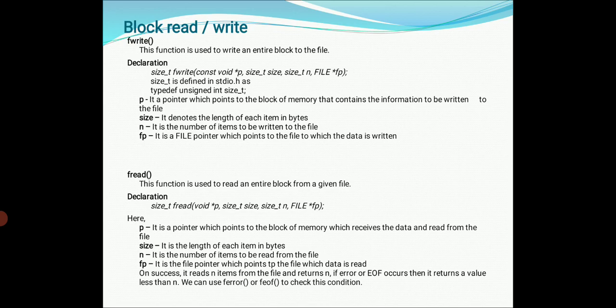Here size_t is defined in stdio.h as a typedef unsigned int size_t, where p is a pointer which points to the block of memory that contains the information to be written to the file. The second is size, which denotes the length of each item. n is the number of items, and fp is a file pointer.